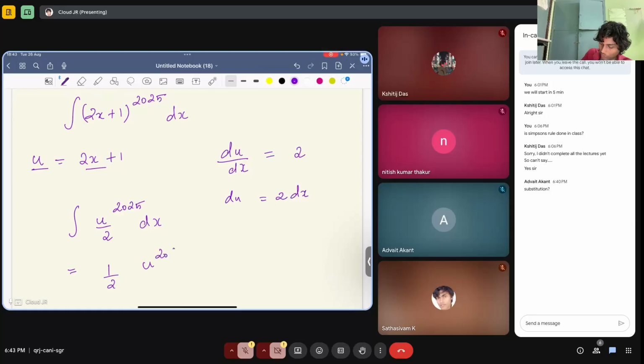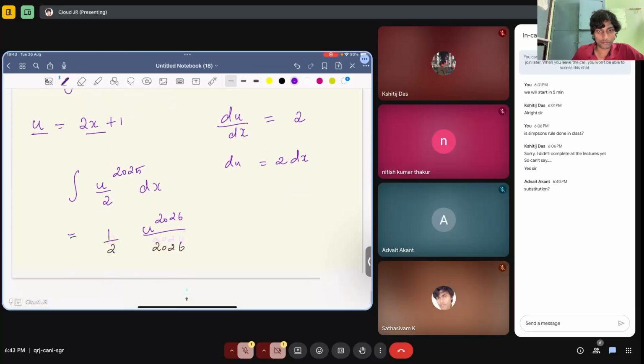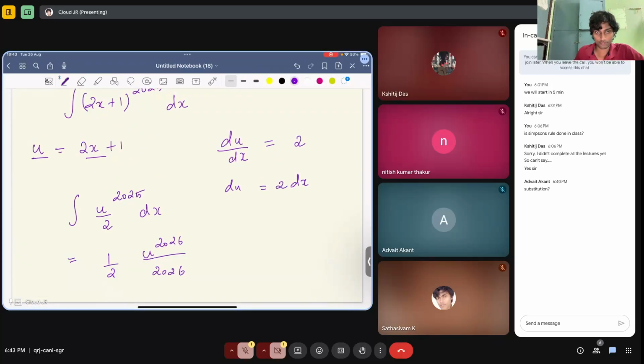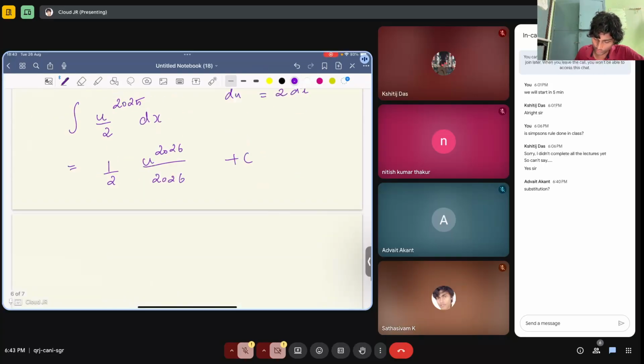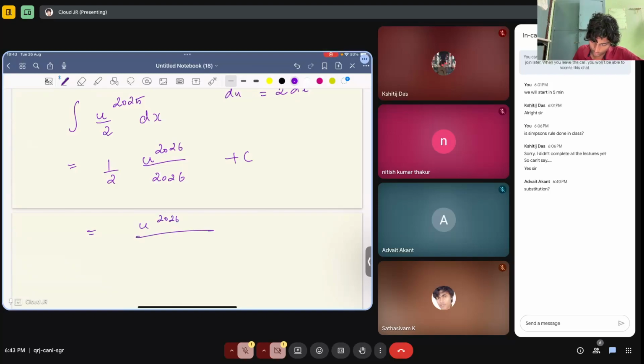It is u power 2026 by 2026, plus c. And if you want, you can compute what is this term: u 2026 divided by, I think this is 4032. If I am correct, this is the term.